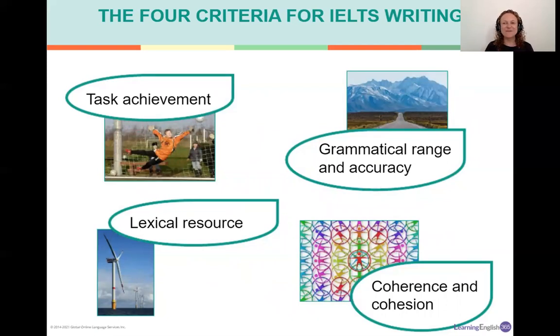It's not all about going for the easy option, the simple structures. And coherence and cohesion. Okay? How well do things flow and hang together? Let's look at each one of these in a little bit more detail now.